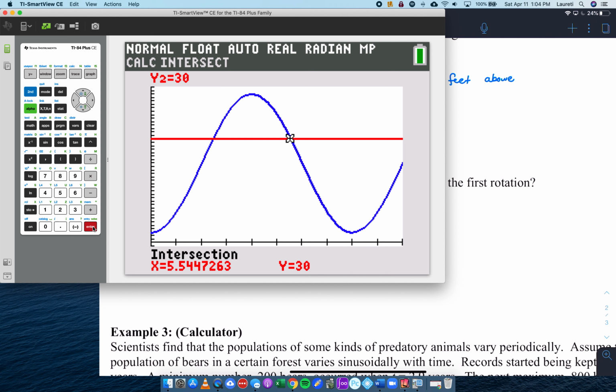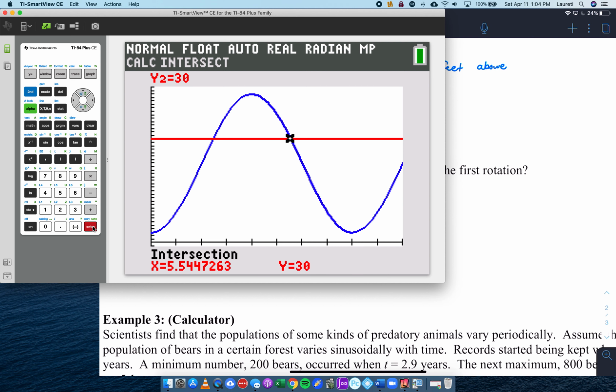Okay. So again, we're doing f of t equaling 30. So time 1, we already figured out, was 2.455 seconds. Okay, and then time 2, we just figured out was 5.545 seconds.